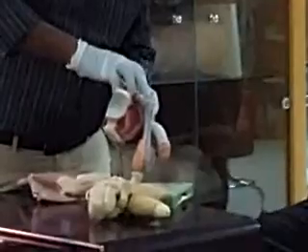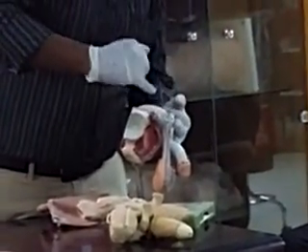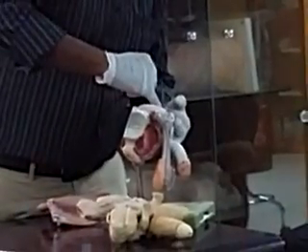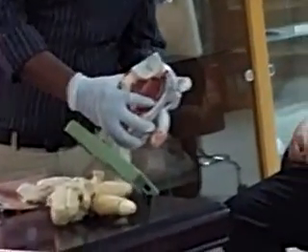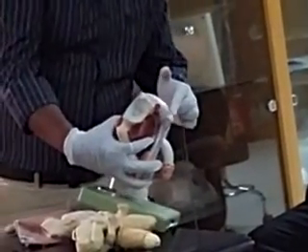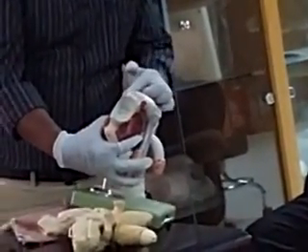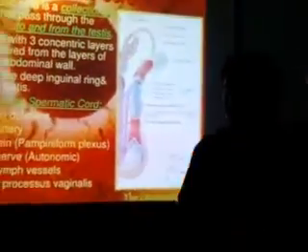So: deep ring going in, passing through the inguinal canal, and coming out through the superficial ring. That is the vast difference. From here it runs upwards through the superficial inguinal ring, inguinal canal, deep ring, and then goes to the pelvic cavity. That is the spermatic cord.